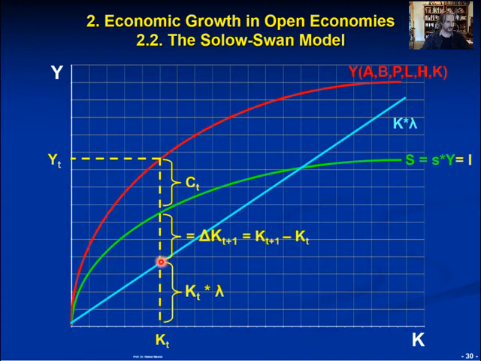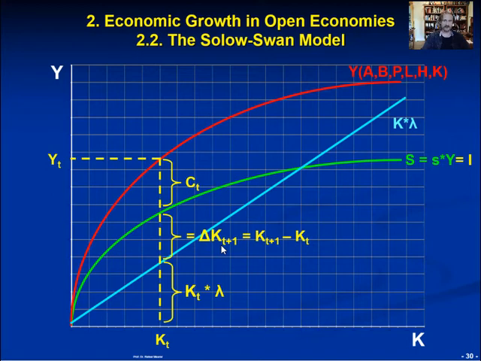Net investment would then be equal to this line segment between the green and the blue line. Net investment equals the change of the capital stock. Therefore, we use the symbol delta K for net investment.